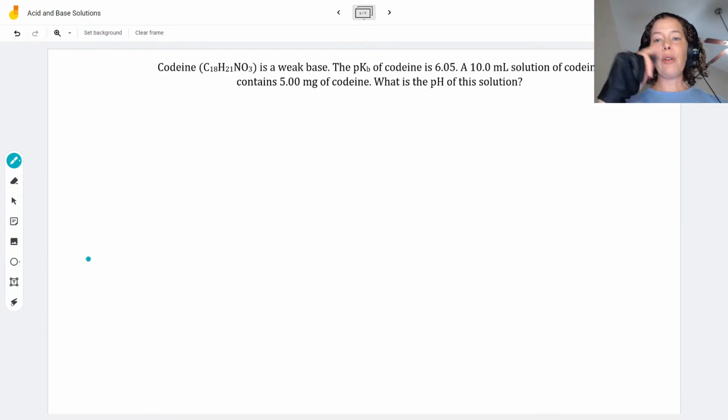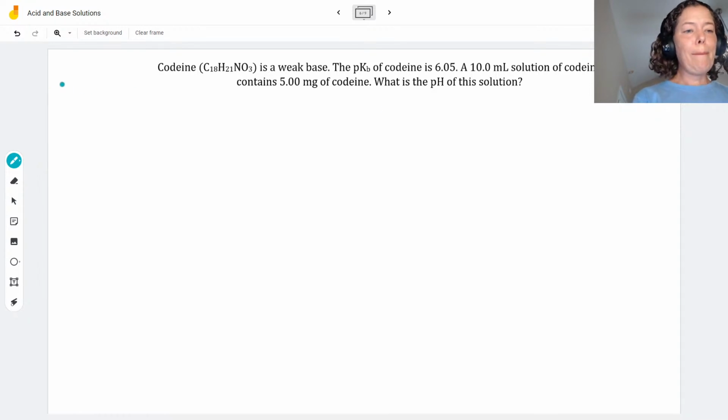So I am actually going to start with concentration here. So I have a 10 milliliter solution and I've got 5 milligrams of codeine. So again, remembering that molarity equals moles of solute over liters of solution.